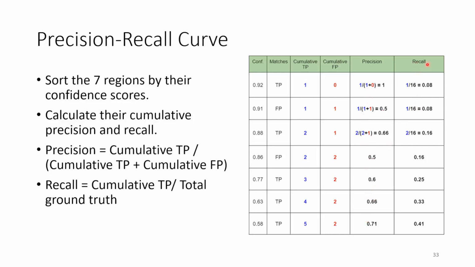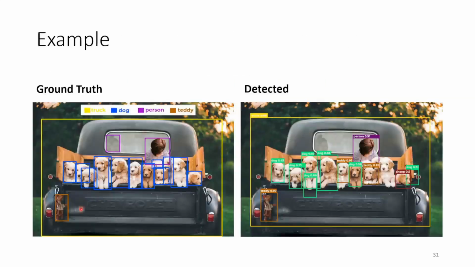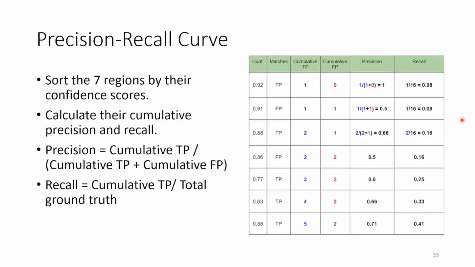However, the definition of recall is the cumulative true positives divided by the total ground truth. What is the total ground truth? It means how many blocks you have in your ground truth. Here you have 1 truck, 2 persons, 1 teddy, and 12 dog blocks, so the total ground truth is 16.